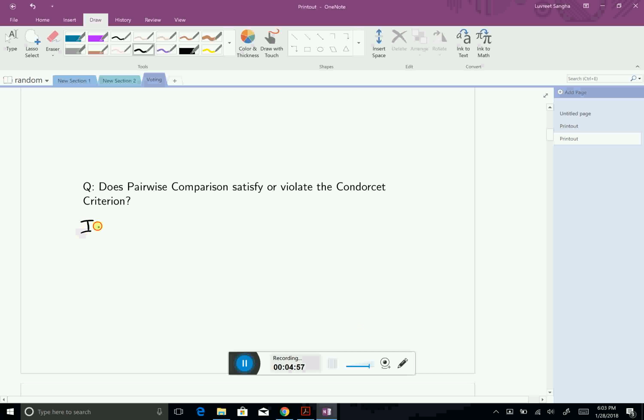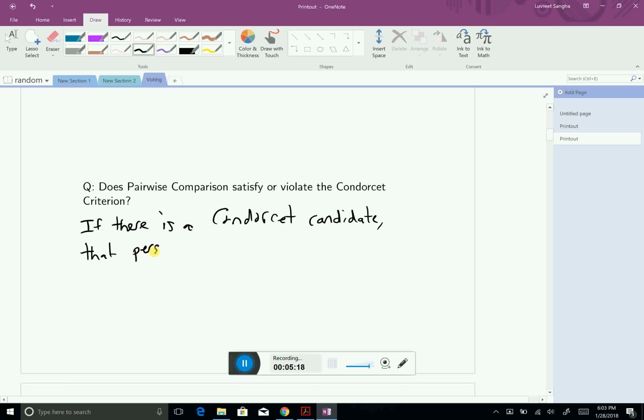If there is a Condorcet candidate, what that means is that person won all of their matchups.